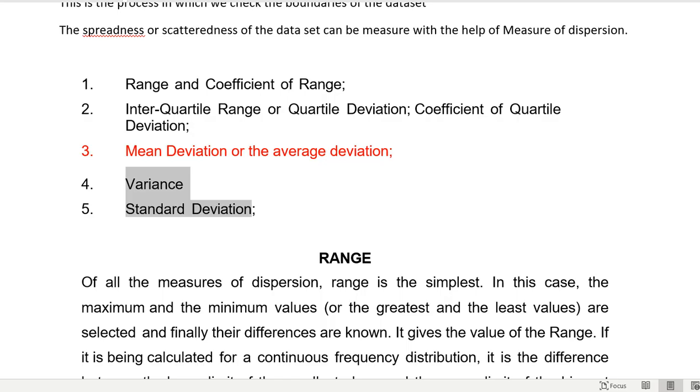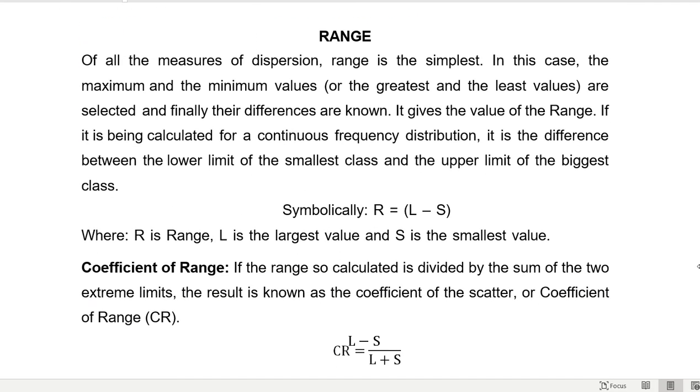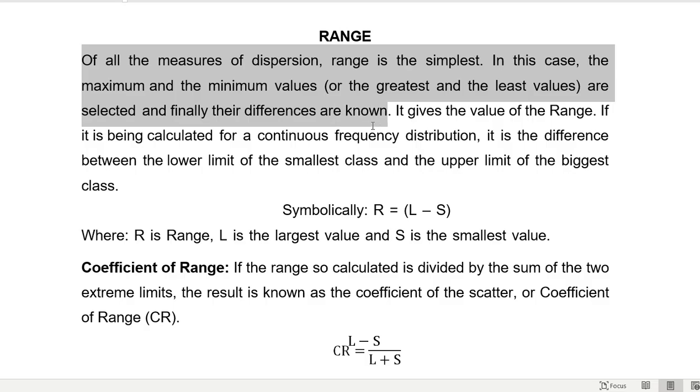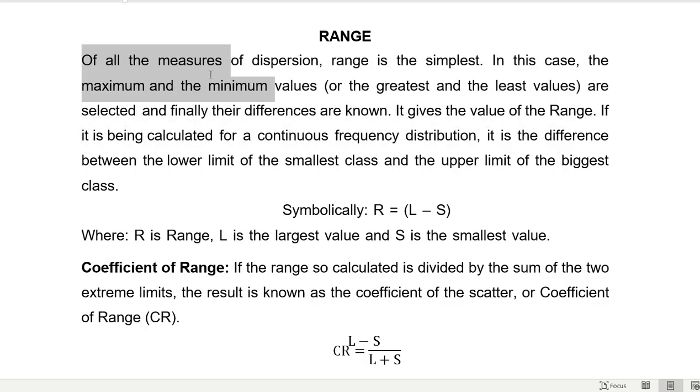Now, first we will discuss the range. We have already discussed that range is just the difference between the maximum and minimum value. So this is very simple. Of the whole measure of dispersion, this is the simplest. Symbolically, we can write R = L - S, where L means largest, S means smallest, and R stands for the range.